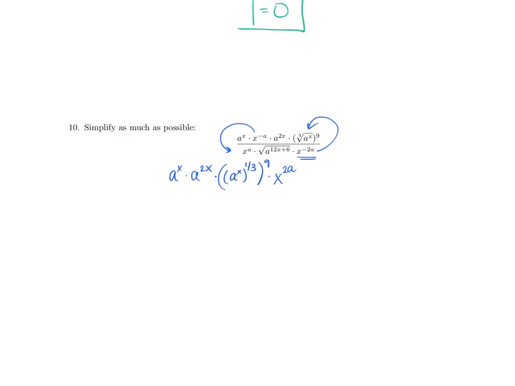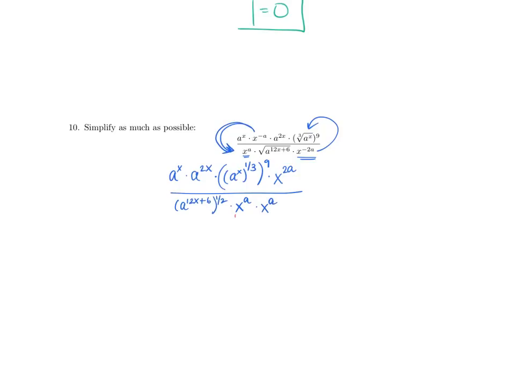All of that over, I'm doing everything involving a first. Remember that this is under a square root, so everything in there is being raised to the 1/2 power. So I end up with a to the 12x plus 6 to the 1/2 power times, I still have an x to the a here, but then I have one up here that's joining it, times x to the a.